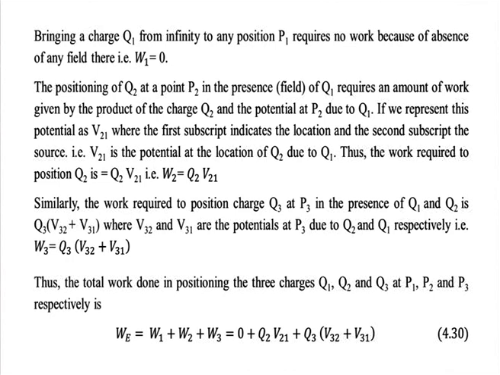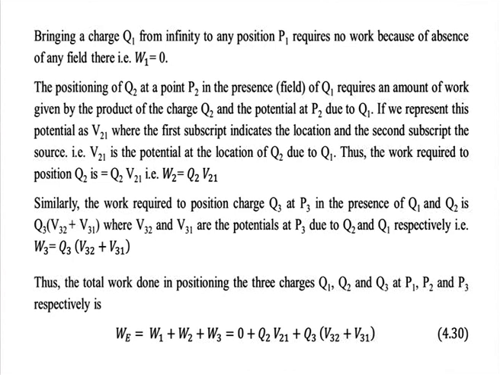Similarly, the work required to position Q3 at P3 in the presence of Q1 and Q2 is given by Q3 into V32 plus V31, where V31 is the potential at P3 due to Q1 and V32 is the potential at P3 due to Q2.